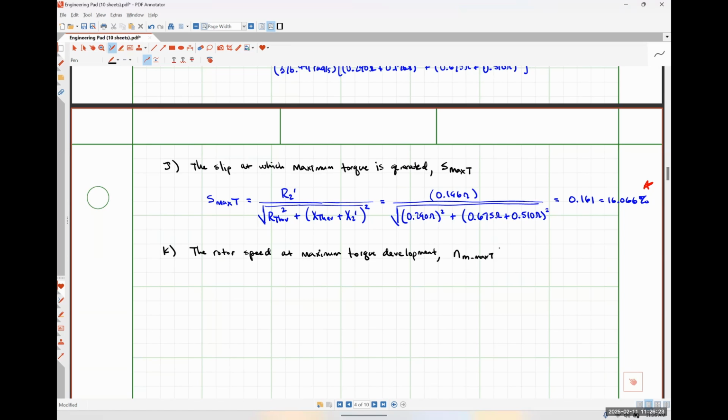So we know our slip. How did we calculate our rotor speed at a slip of 3%? NS times 1 minus the slip. So we're just going to do the same thing here. We're just going to use the slip where max torque was generated.